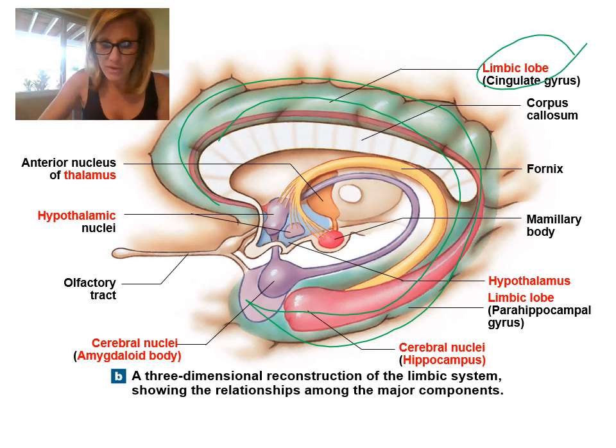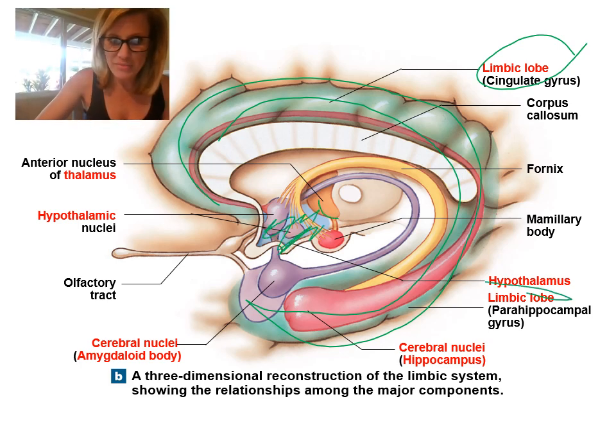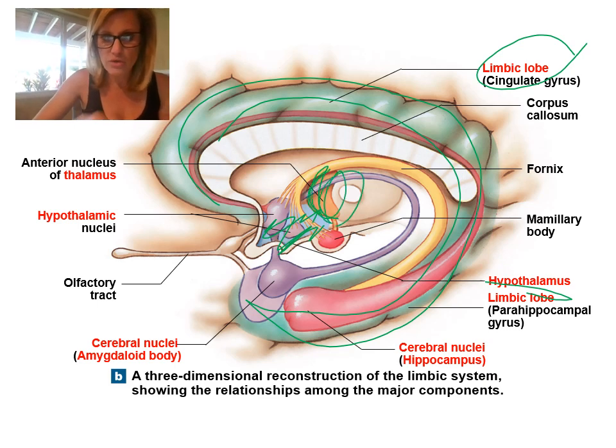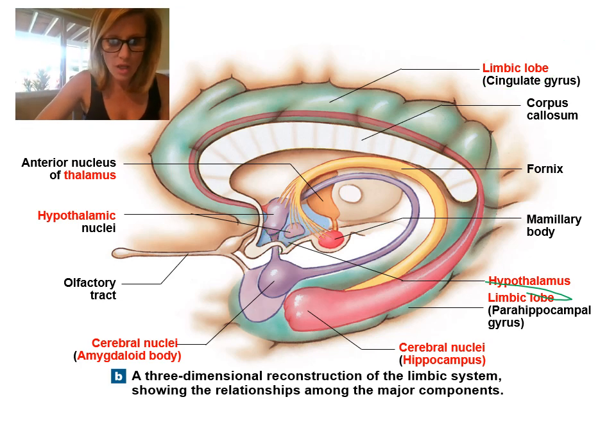You also see that we have parts of the hypothalamus involved, right? The hypothalamus is right down here. Parts of the thalamus, specifically the anterior nucleus of the thalamus, which is in orange right there. We have multiple hypothalamic nuclei. These are little masses in the hypothalamus.